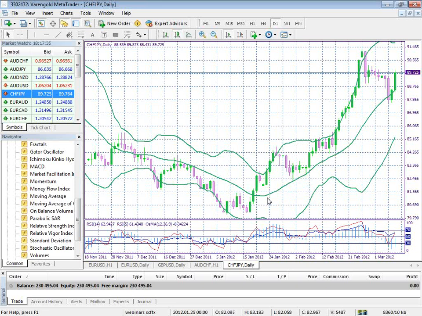You can have volatility for a longer period or for a short period. Actually, I'm considering it like that.